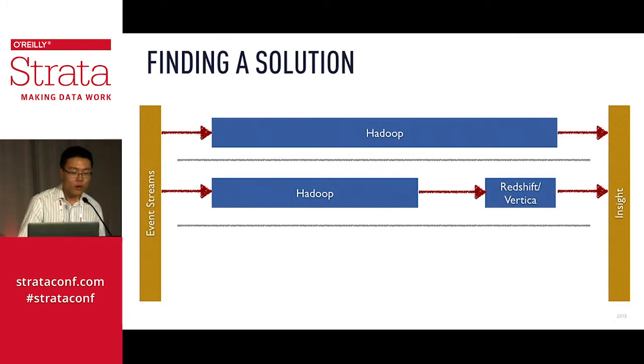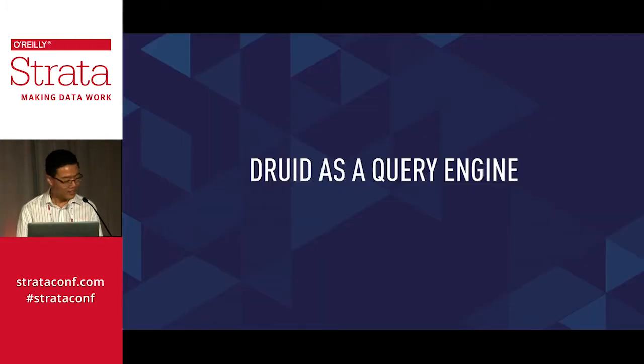When we were looking at commercial options for our query layer, we realized that at the time we were a pretty poor startup, and we couldn't really afford a lot of the offerings that were available. So instead, what we decided to do was build our own data store, and that data store is called Druid.